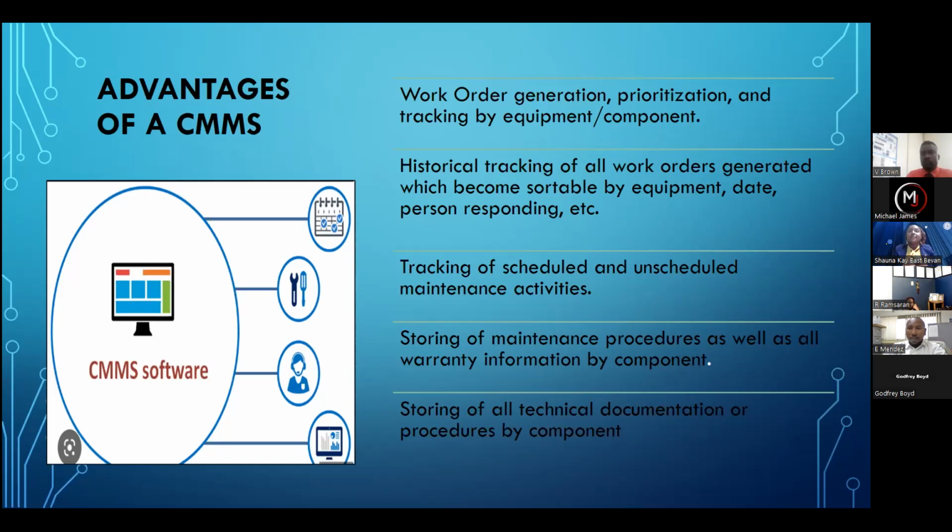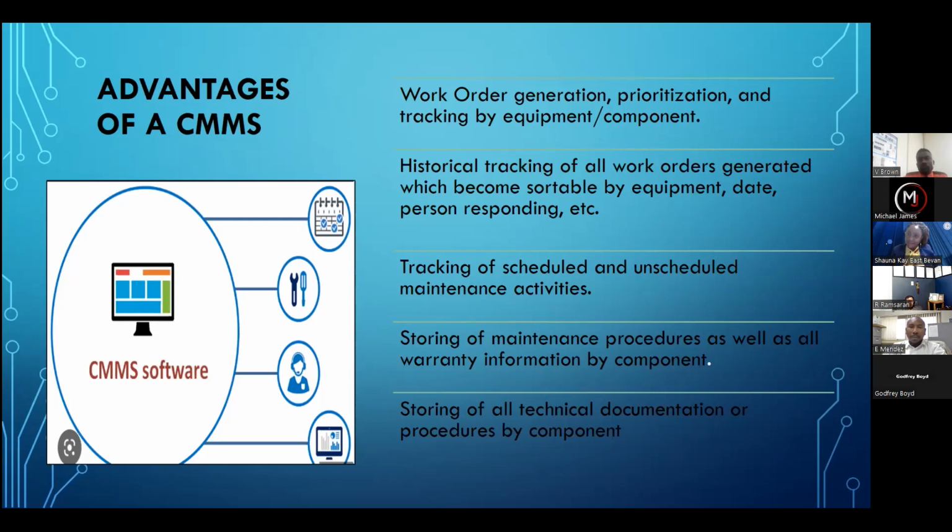So the advantage of a CMMS is work order generation. If you're able to prioritize, you're able to track by equipment or components, historical tracking. And we're going to dwell some more on that. I'll tell you why when I get to that point. Historical tracking of all work orders generated, right? You can sort them by equipment, by component.